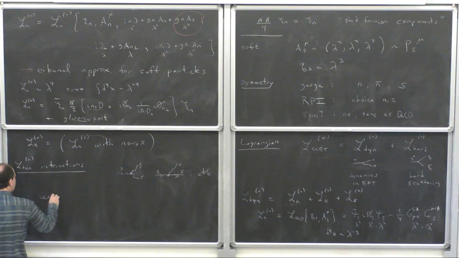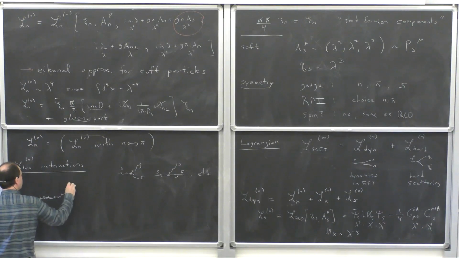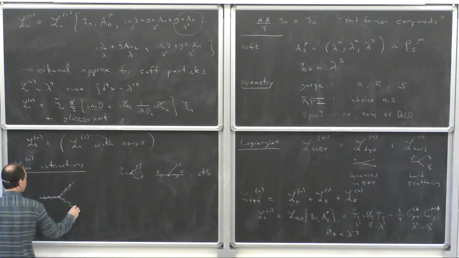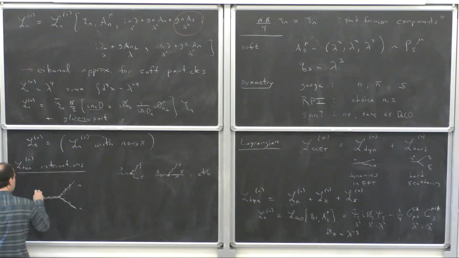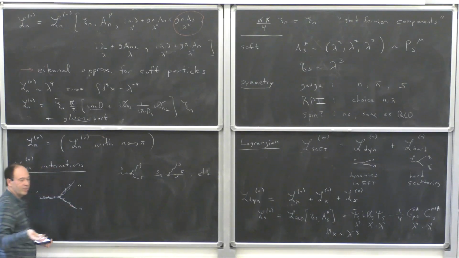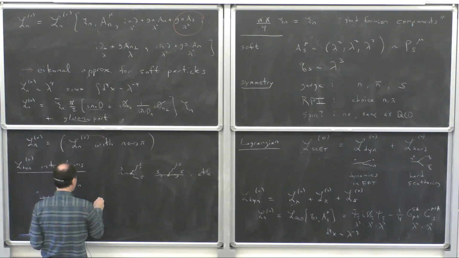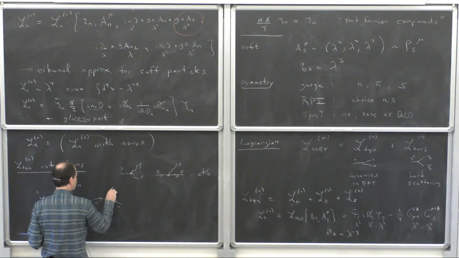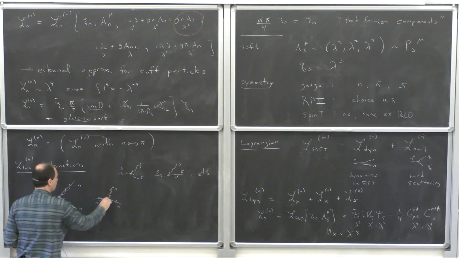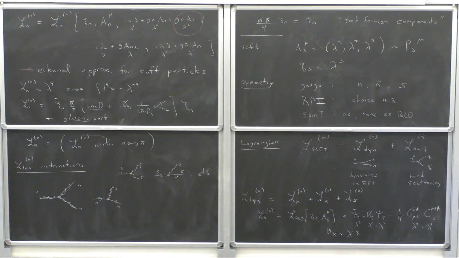The collinear Lagrangian is actually kind of similar. There's a 3-gluon vertex, a 4-gluon vertex. If it was just collinear particles, it would just be a copy of QCD written in a weird way. So there's nothing really getting dropped as far as the collinear interactions. I like to draw a little line through the collinear gluons to denote that they're different from the soft ones, because otherwise I'd have to use colors, and I don't have enough colors, so we'll do that.